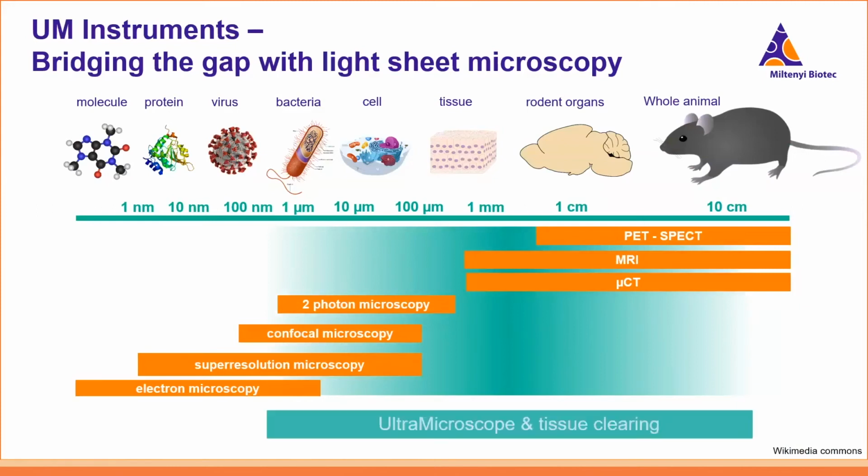And in fact, the UltraMicroscope that I will present today was the first commercial microscope combining the advantages of light sheet imaging technology with tissue clearing. Let's have a closer look at techniques that enable 3D imaging to see why light sheet is the instrument of choice here.